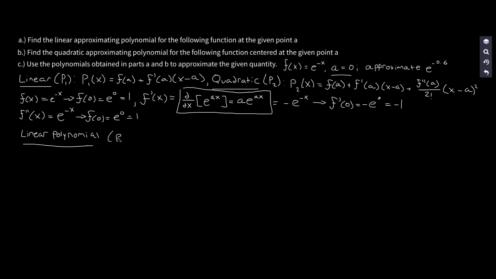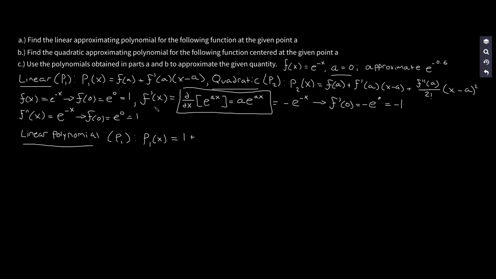Linear polynomial p sub 1. It's going to be p sub 1 of x equals, let's look at our formula, f of a. We found f of a to be 1 plus the derivative f prime of a. What did we find for f prime of a?